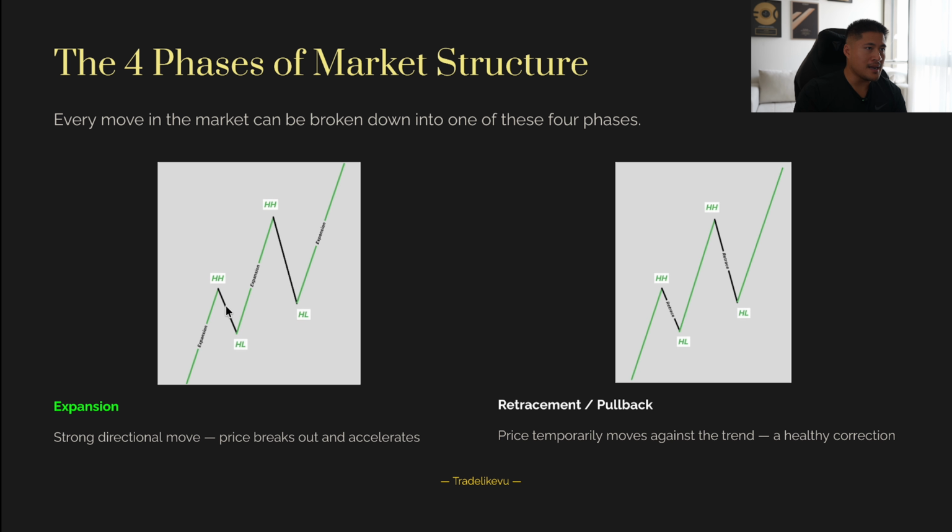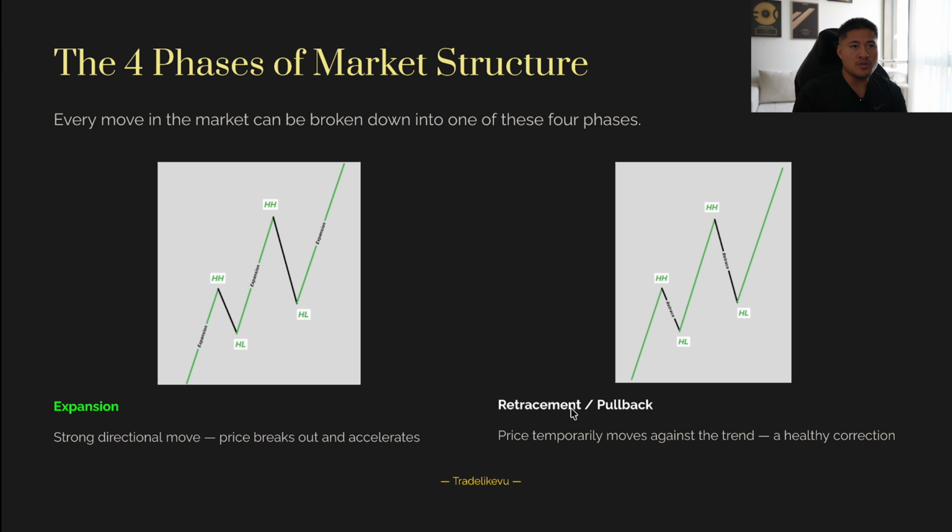Then we have the black line, which is the correction, or which we call the retracement, all right? So we have the retracement, and then we have another expansion. Boom, okay? Move upwards, and then retracement, pull back again, and then another expansion upwards. So that's an expansion, okay? And the retracement or the pullback, you can use both terms, is when the price makes a correction.